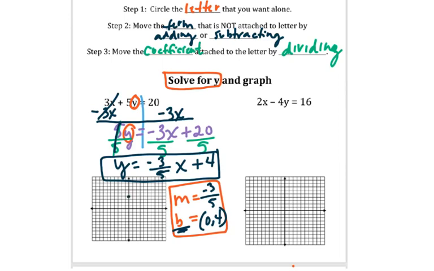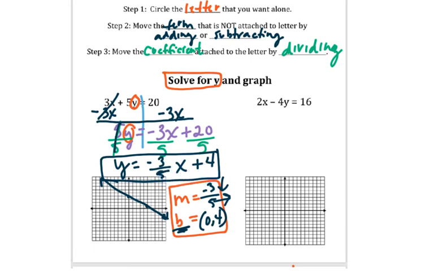Here we go. I move with my slope. It's negative, so we go down 3, right 5. Connect your dots. This is the graph of the line y equals negative 3/5 x plus 4.